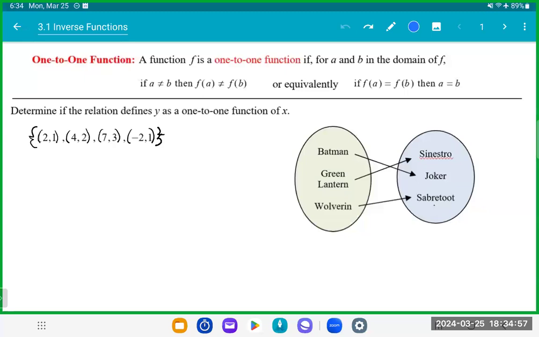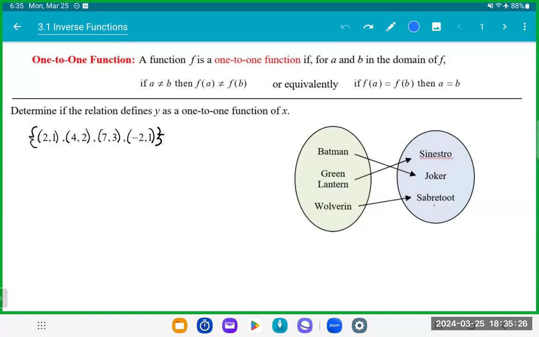So we're not going to have instances where two x's produce the same y. Okay. And when we get that, that's what we call one-to-one. That's really what the definition up at the top of the page is telling us. So basically, every x has to map to exactly one y.